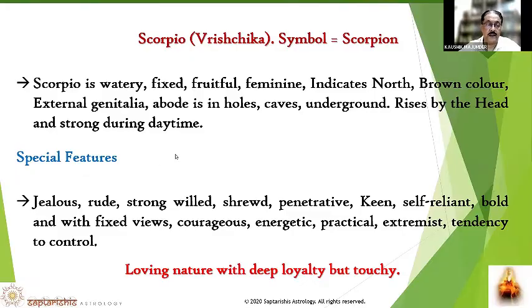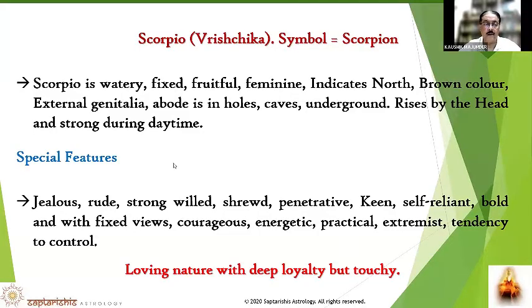Now, the special features of Scorpio: they are a little jealous, can be rude, strong-willed, shrewd, very penetrative, keen, self-reliant, bold, and with fixed views, courageous, energetic, practical, extremist, and they have a tendency to control others.